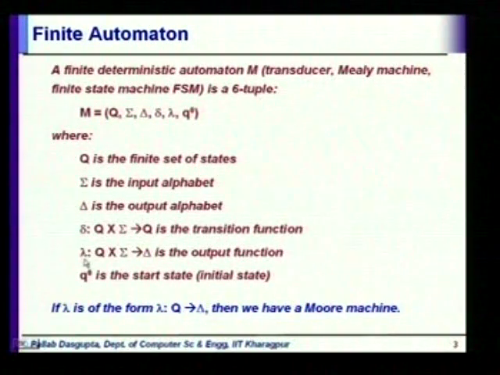And then we have the output function λ, which given a state and the input tells us the output of the state machine, and Q0 is the start state or the initial state.